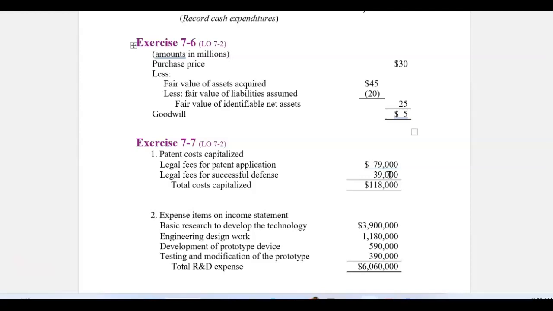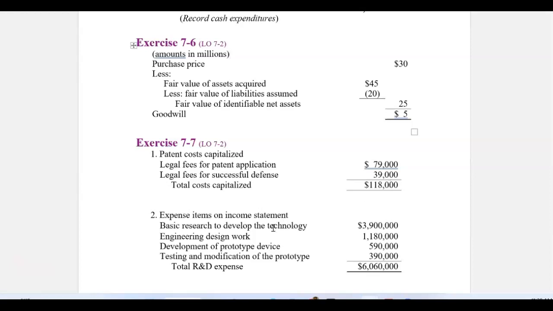If there is no successful defense and you lose the patent, then the legal fees will be expensed as legal fees expense, and you have to write down your patent as a complete loss. But if you spend legal fees to defend your patent and you are successful, then the legal fees will become part of your patent. So all of a sudden, your patent is $118,000 that you need to capitalize.